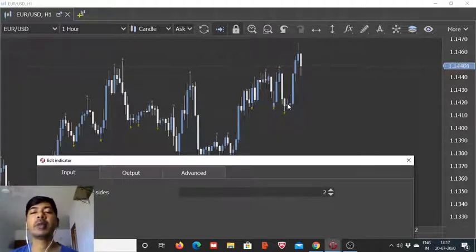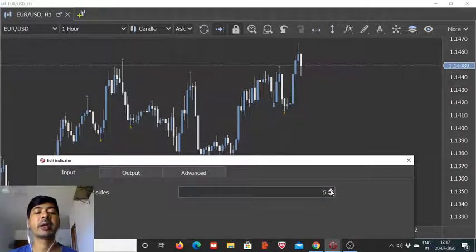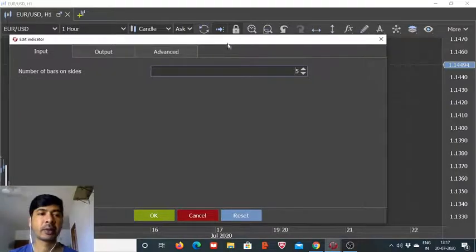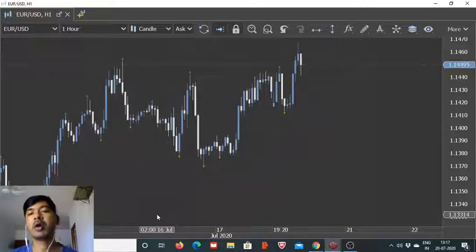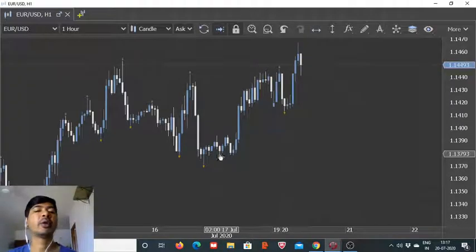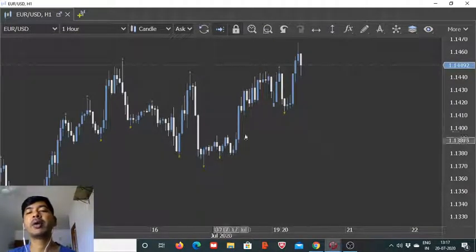Instead of taking two, we can increase this, say to 3 or 4 or 5. Suppose we take the number of bars on each side to be 5, then we will have to consider the formation of 11 successive bars, and only when we have the confirmation of 5 bars on each side to have the value.